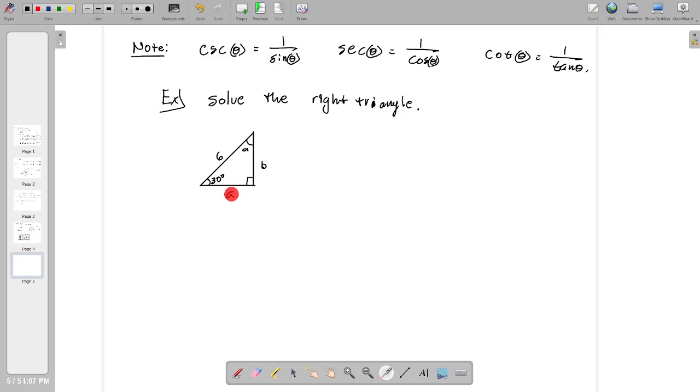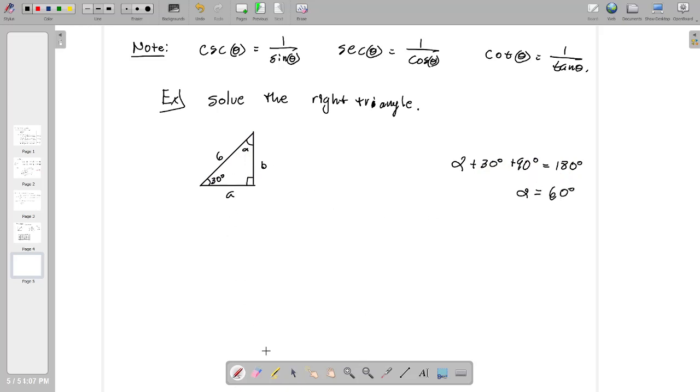We also need to find A and B. So we know that alpha plus 30 degrees plus 90 degrees is equal to 180 degrees, because all angles in a triangle add up to 180. Subtract 120 from the left and right, and you get alpha is equal to 60 degrees.